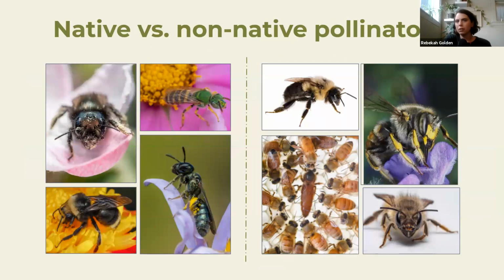So tonight we'll talk a lot about many different types of pollinators, the ones that are active at different parts of the season and the different types of flowers that they will visit and the types of pollinating services that they'll provide. The ecosystem contains many, many native pollinators, or bees and other insects that evolved here and have a close relationship with the native plants that we have in the Pacific Northwest as well and in Oregon.